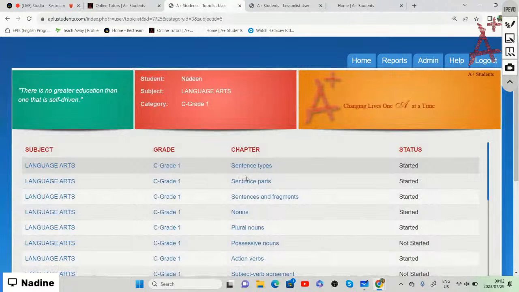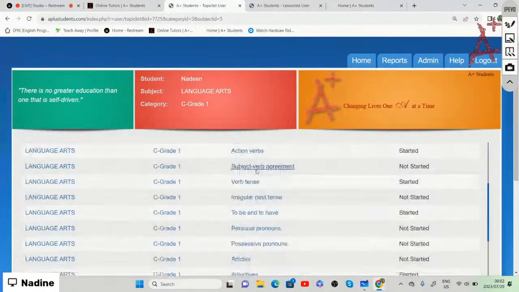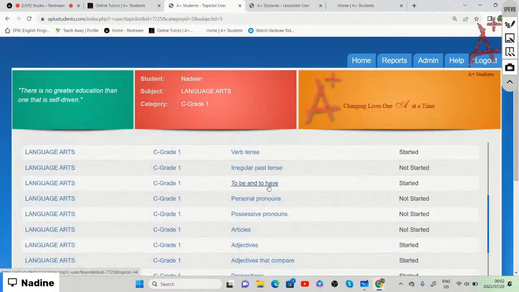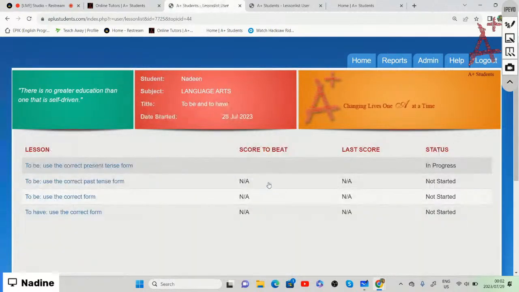Now we're going to scroll down up until we get to the chapter of to be and to have. All right, so the chapter of to be and to have, right?